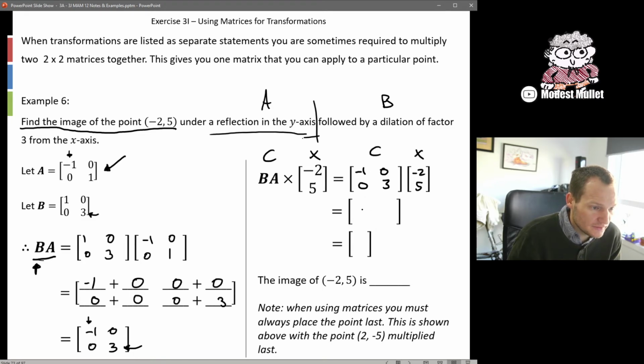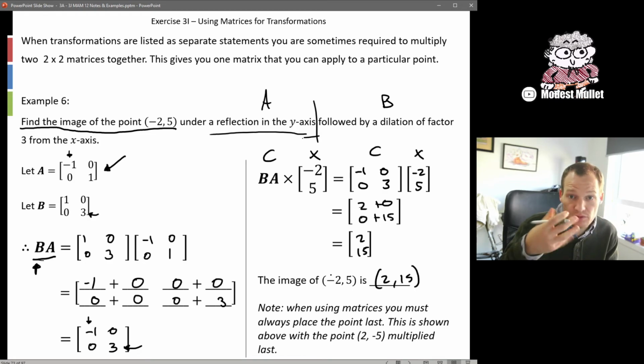So we now have -1 by -2 is 2, plus 0, and this one we get 0 plus 15, so this transformed is, and logically makes sense, 2, 15. The x-coordinate has been flipped, and the y-coordinate has been dilated by a factor of 3.